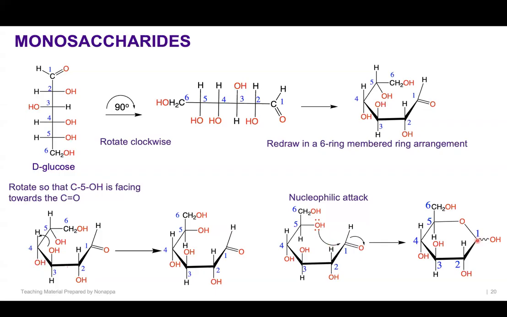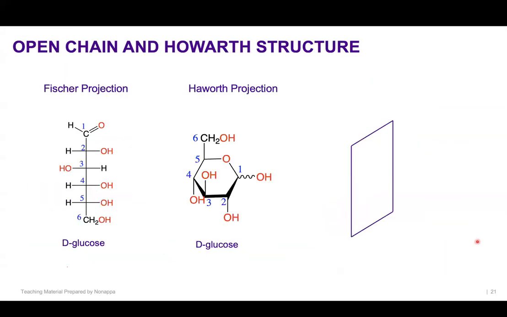Now this is carbon number 1. Now it creates a new chiral center, and that means at this stage we could get 2 isomers. This particular carbon center is also called an anomeric center, and this process results in isomers.